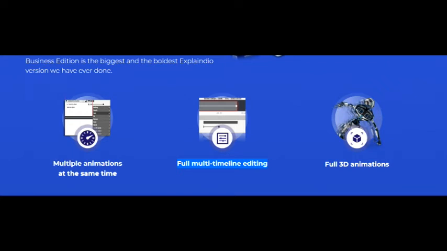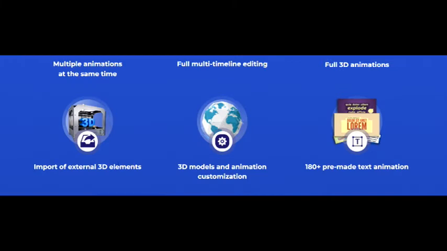You get access to multiple animations at the same time, full multi-timeline editing, full 3D animations. You can import external 3D templates, 3D models and animation customization. You get access to 180 plus pre-made text animations.